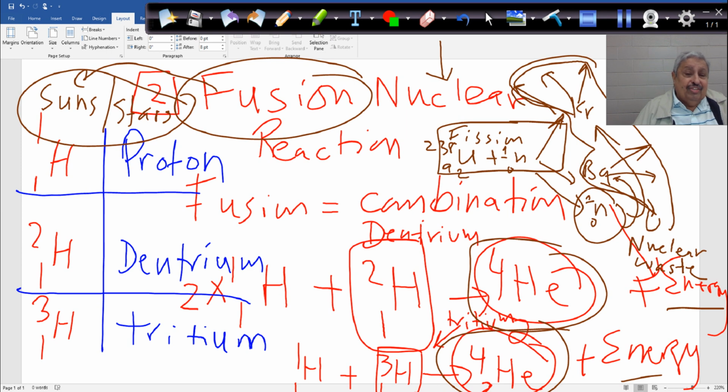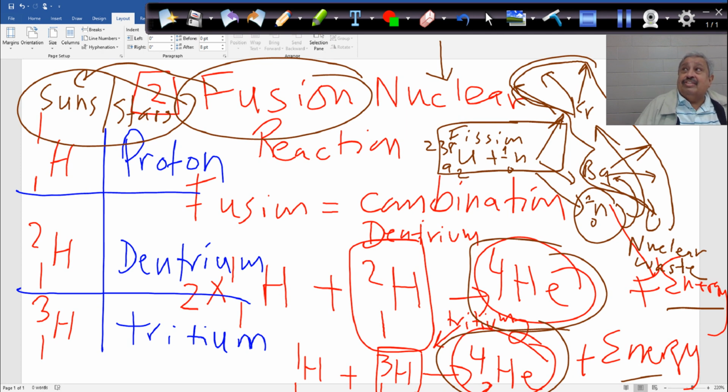The fusion is very nice, clean, gives you just helium. But the problem with it is you cannot control the heat. The heat is huge. It's the heat of a sun. It will melt all the elements we have. So we don't have an element to withstand the heat of the sun.